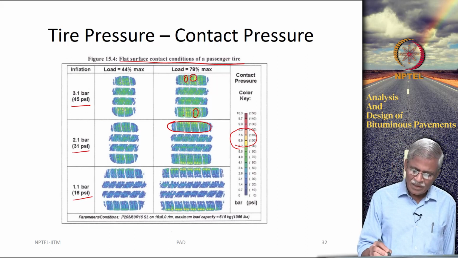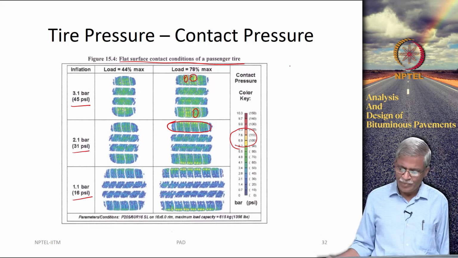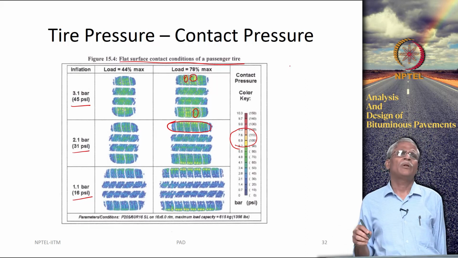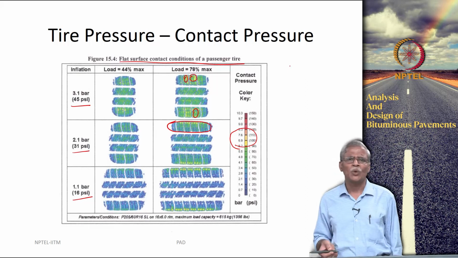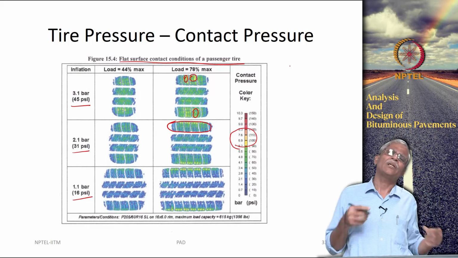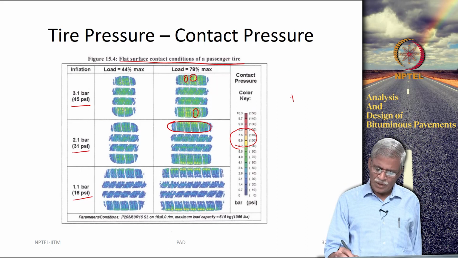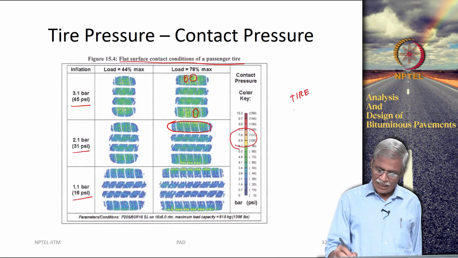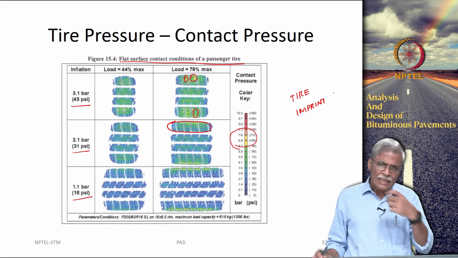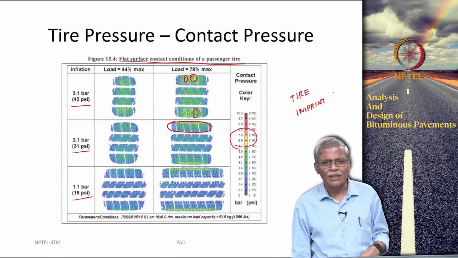For the flat surface contact conditions of a passenger tire, there are research groups in South Africa who have done extensive work on what is called the tire imprint, to clearly find out the tire contact area.